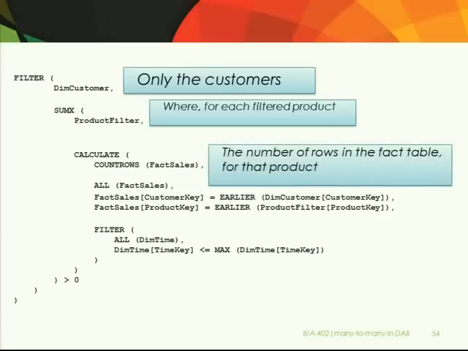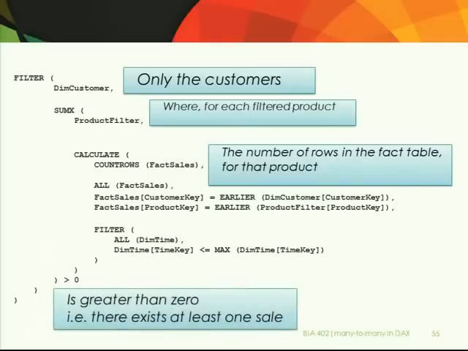We check if the number of rows in the fact table for that product, we have CALCULATE, we are inside SUMX which iterates over product filter, so CALCULATE filters the fact sale. And finally we have is greater than 0. That means we are searching if there is at least one row of sale inside the fact table for that product.